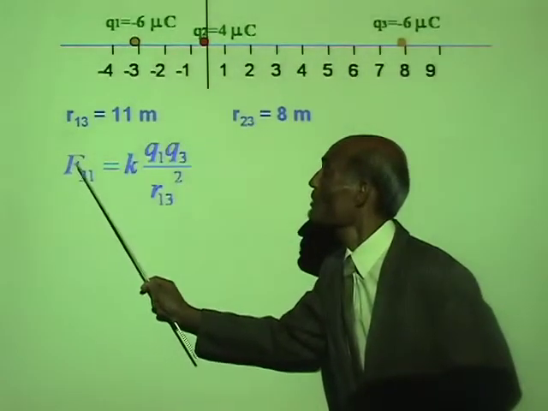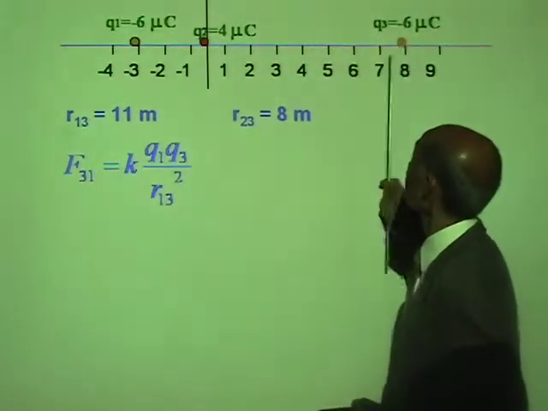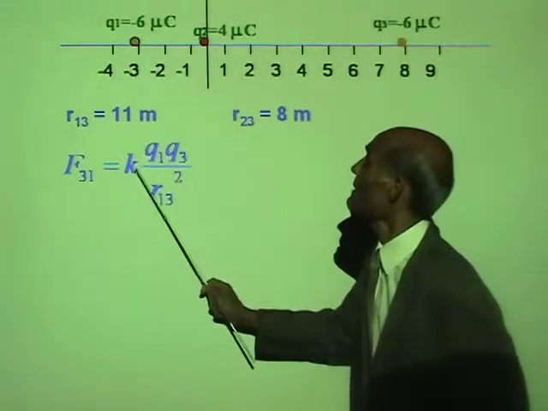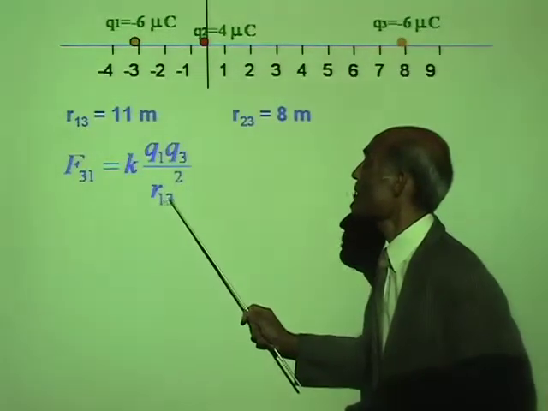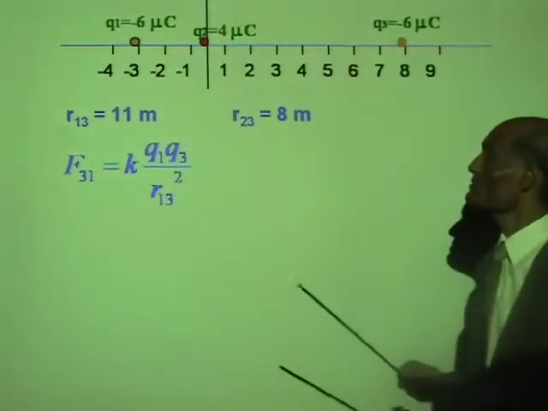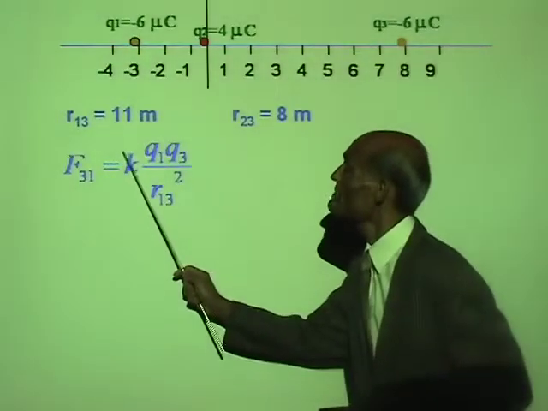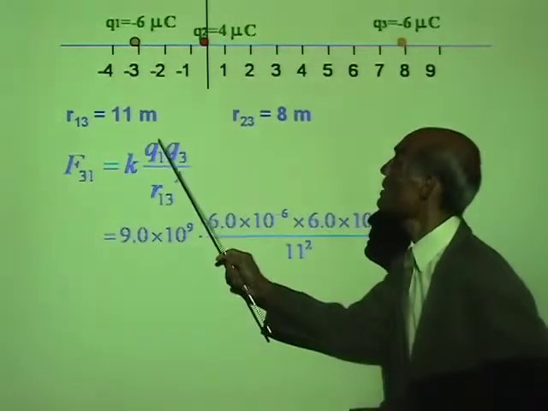F31, force on 3 due to 1. Force on Q3 due to Q1 is K Q1 Q3 over R13 squared. The direct formula of Coulomb's law. Alright, we know all these values. K is 9 times 10 to the 9.